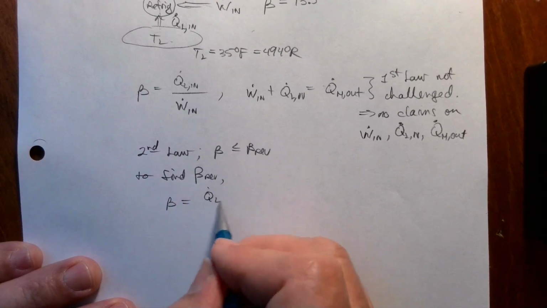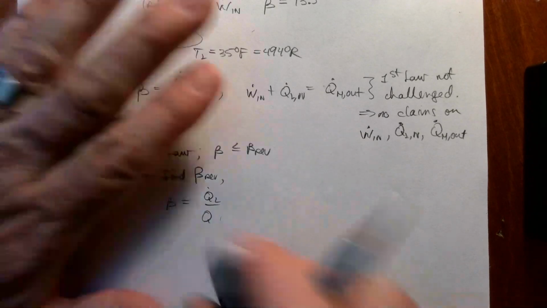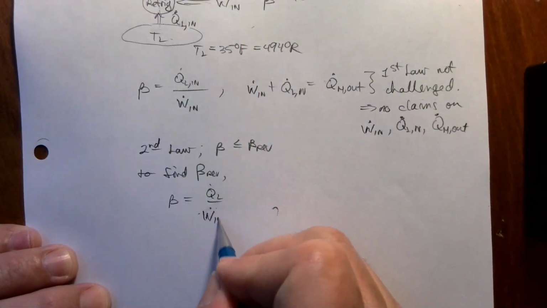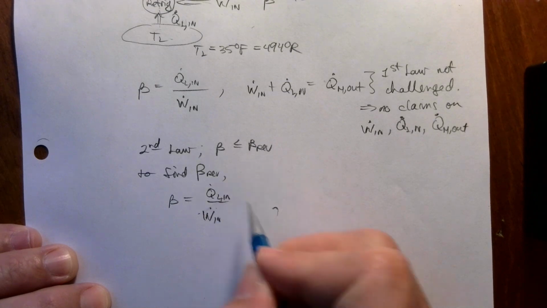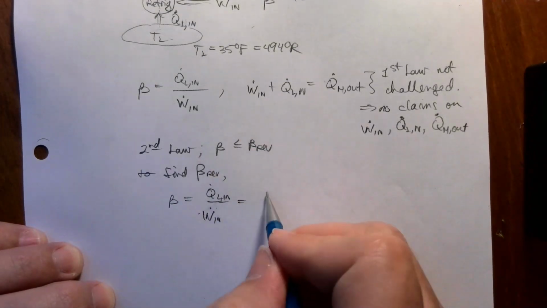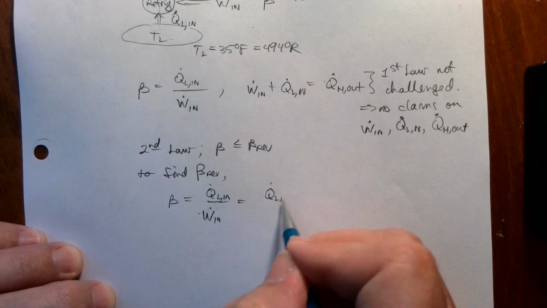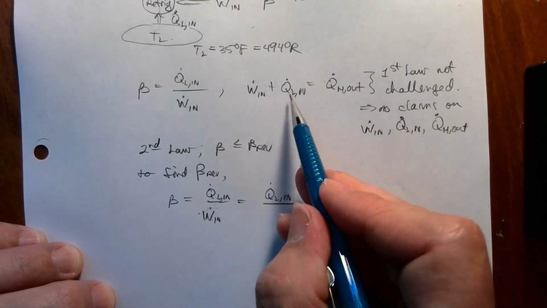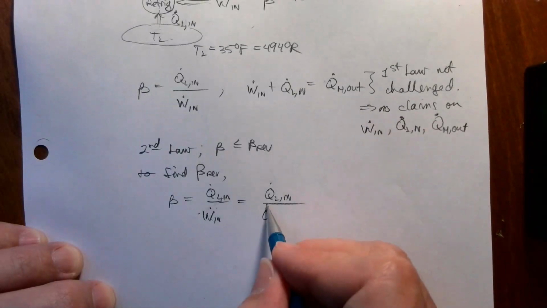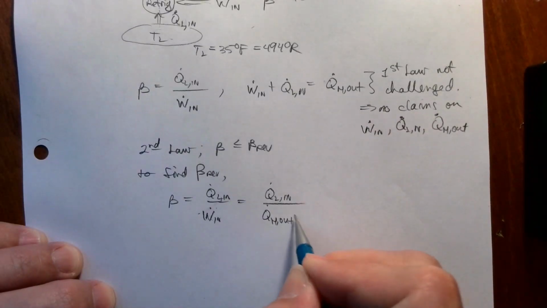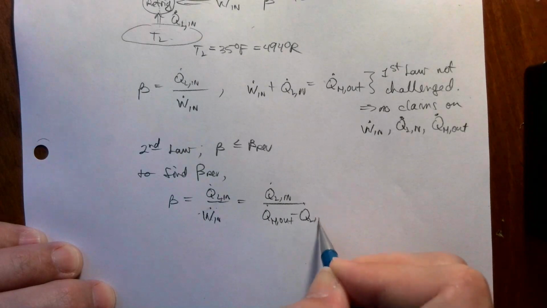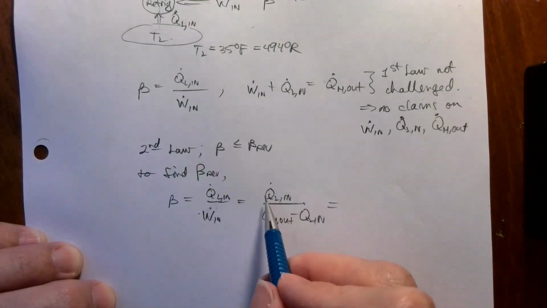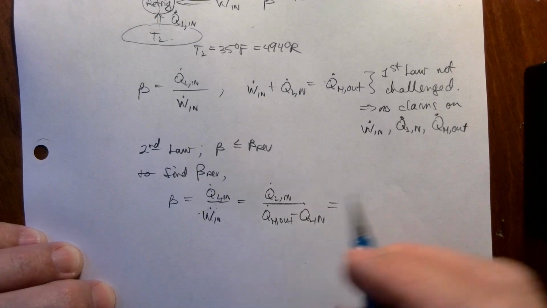Beta, remember, is Q dot LN over W dot N. Do an energy balance. Replace W dot N with our energy balance up above. Take that to the other side. So this becomes Q dot H out minus Q dot LN. And now let's factor out Q dot LN on the top and out of the denominator and let that cancel.